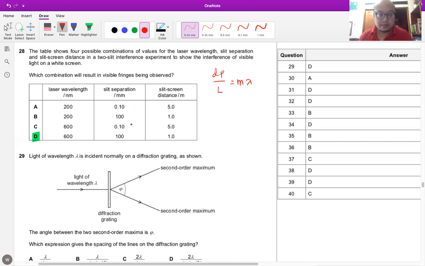Set separation is D. Yeah? This is about D. And set screen, this is about L. So it means like 100 millimeter divided by 1.